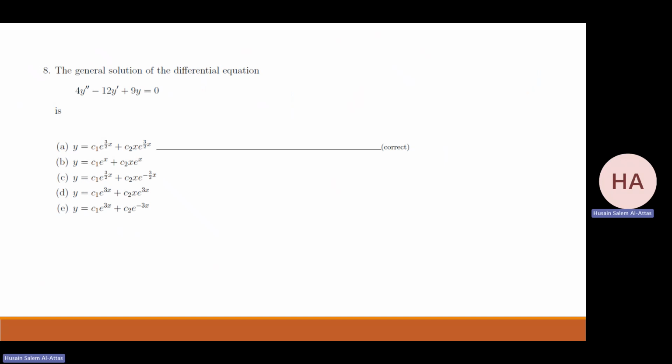The general solution of this, easy one: 4r squared minus 12r plus 9 equals 0. This is my auxiliary equation. Factor this, I have 2r minus 3 times 2r minus 3 equals 0.